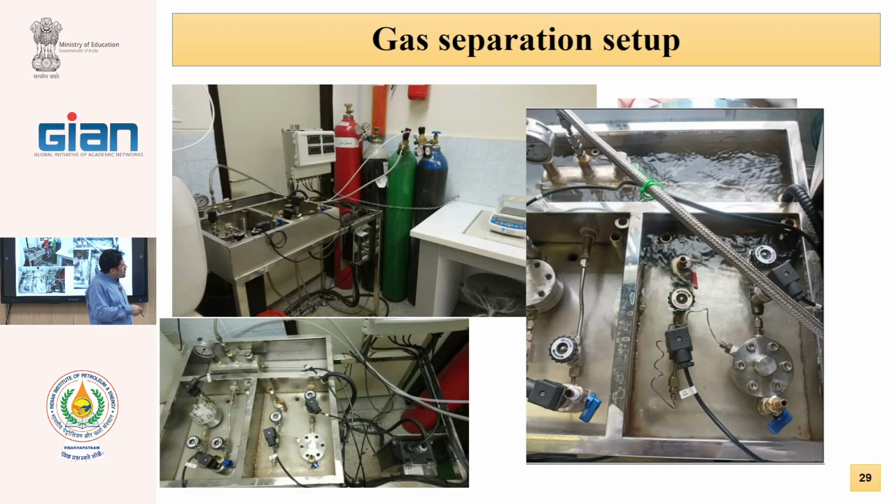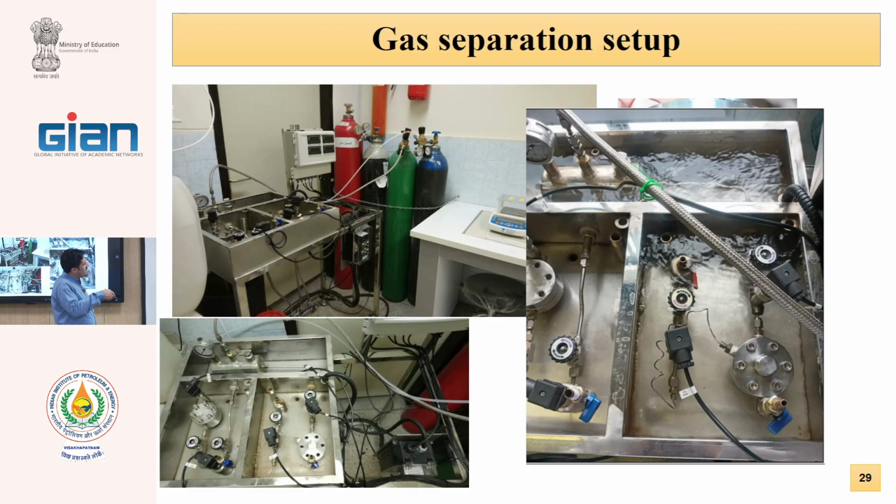The membrane is located here, and we have a tank here in our system, in Iran. And we can have different gases: methane, nitrogen, argon, oxygen, every gas. The capsule is connected to this tank in the water, with the temperature controller, and it comes here.